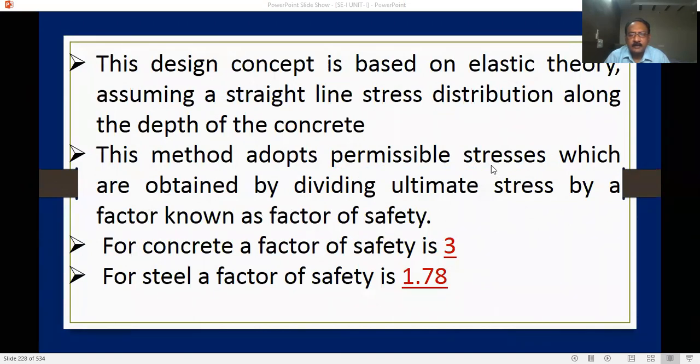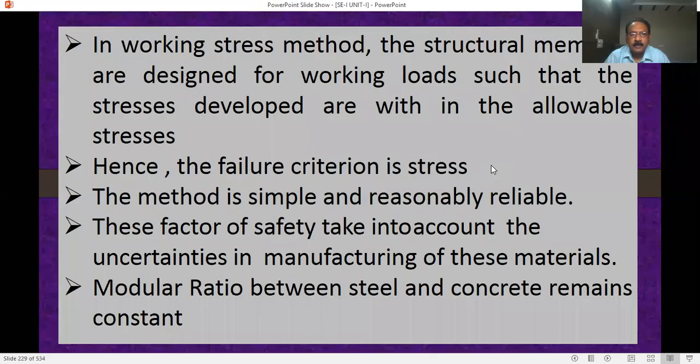Next one is, in working stress method, the structural members are designed for working loads, such that the stress developed is within the allowable stresses. Here you have to remember one of the important points: in working stress method, we take working loads.